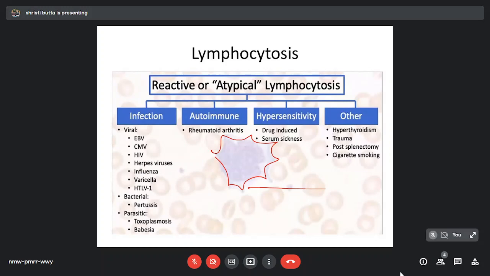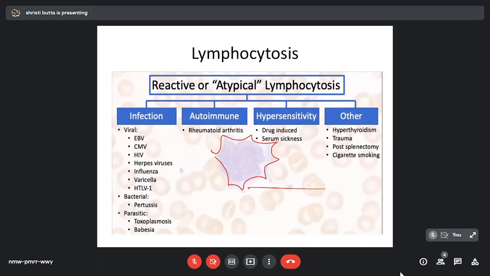Now, coming to that one by one, we have the Epstein-Barr virus that is particularly involved in what's called infectious mononucleosis. Patients usually present with fever, fatigue, sore throat, and swollen lymph nodes. Yes, so that's a very common viral infection that predisposes patients to lymphocytosis.